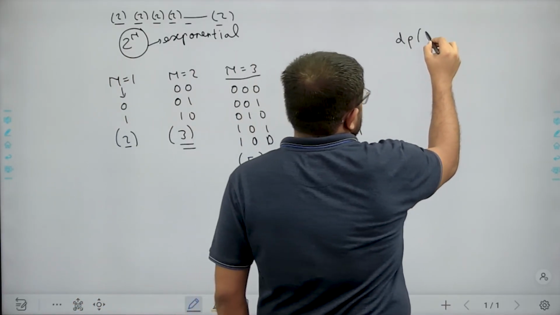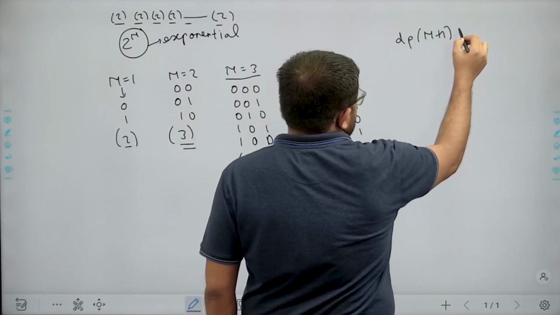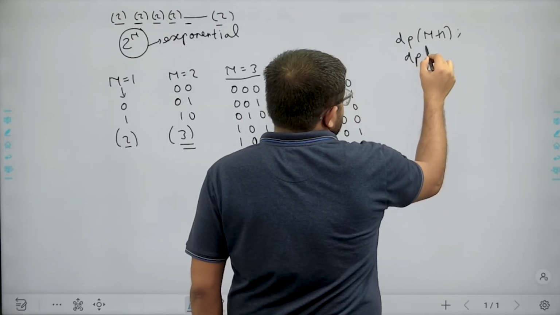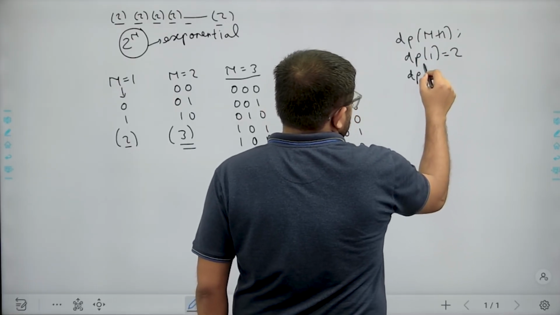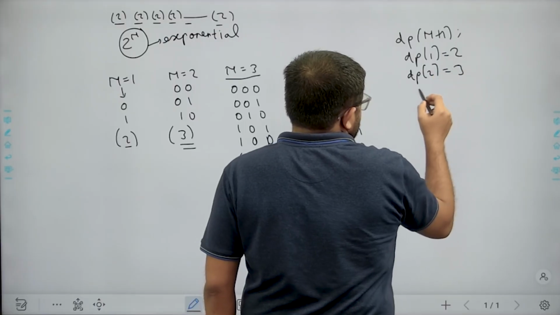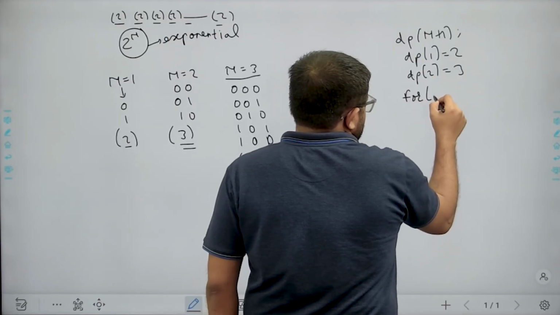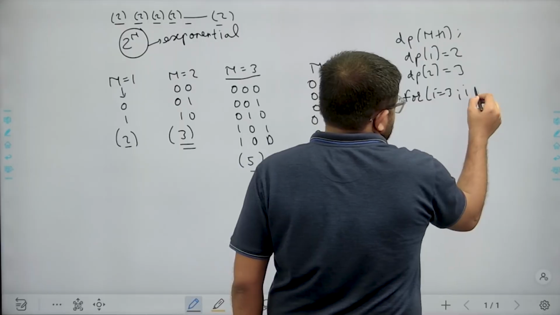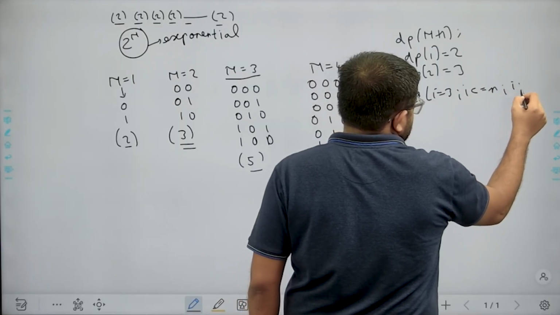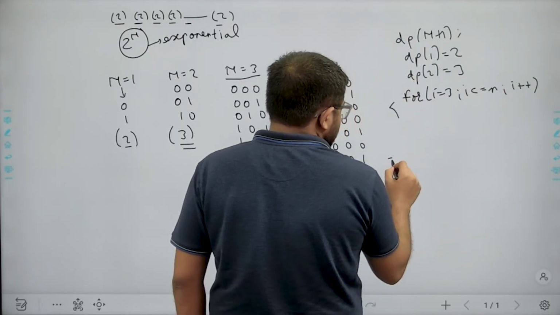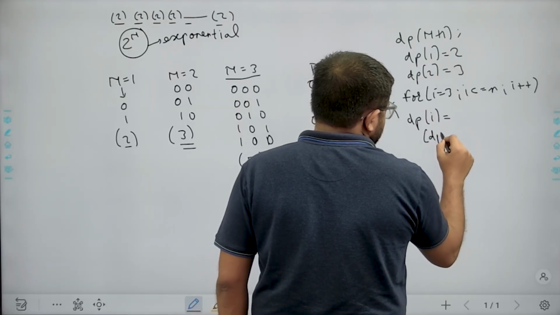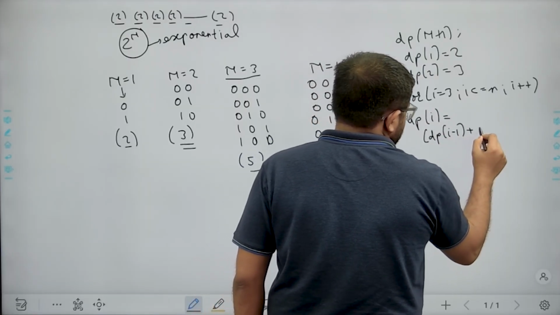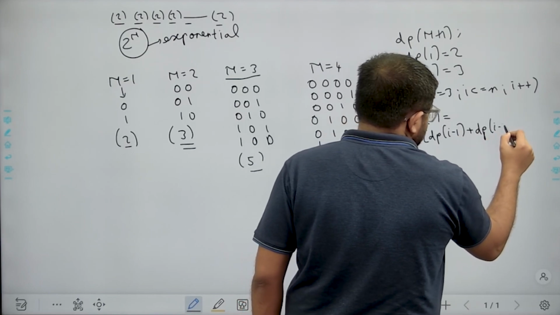So I will take one dp table of size n plus 1, and I will say dp[1] equals 2, dp[2] equals 3, and for i equals 3 to n, dp[i] equals dp[i minus 1] plus dp[i minus 2].